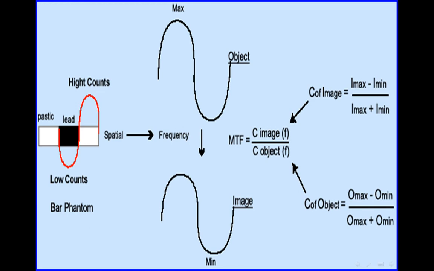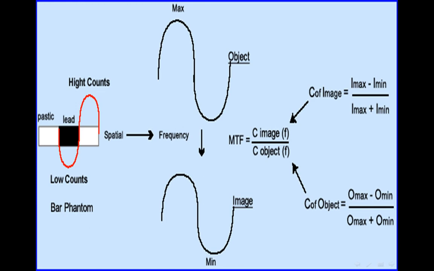If the contrast of the image is equal to 1 and the contrast of the object equal to 1, so the same, the MTF value will be 1. It is 100%. But you will not find the contrast of image equal to 1. It's hard to find this.